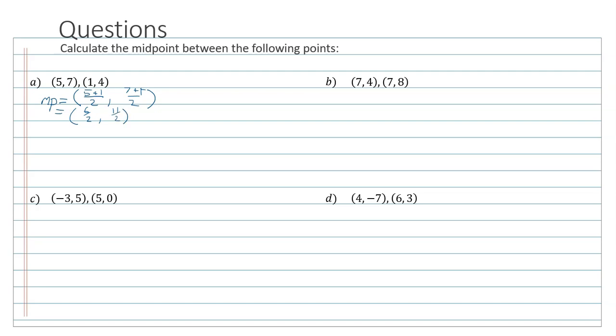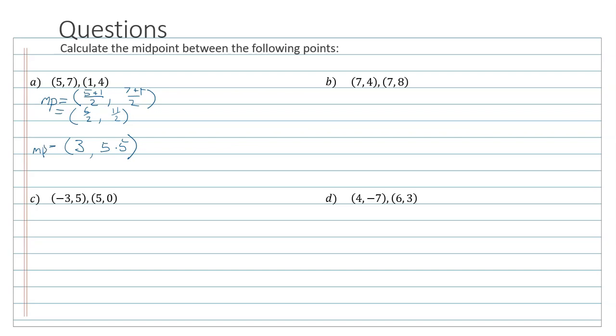So we're going to get a decimal in this case. 6 over 2 is 3, and 11 over 2, well, 10 over 2 is 5, and 12 over 2 is 6, so I know 11 over 2 is going to be 5.5. So this would be our answer for the midpoint.